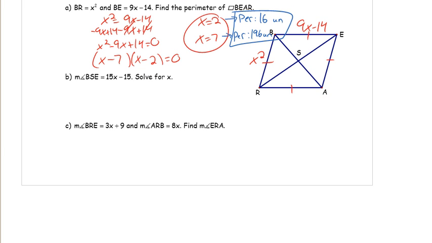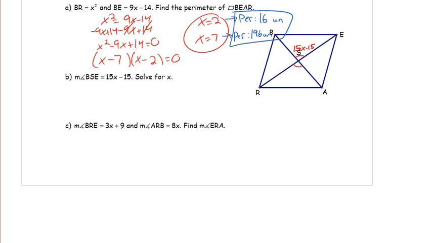Kind of erase your thoughts from here. Start over, just to kind of give yourself a clean slate. We have 15x minus 15 for angle BSE. That's an angle, so this angle here is going to be congruent to that. We already know that from vertical angles, if we need to use it. And we want to solve for x.